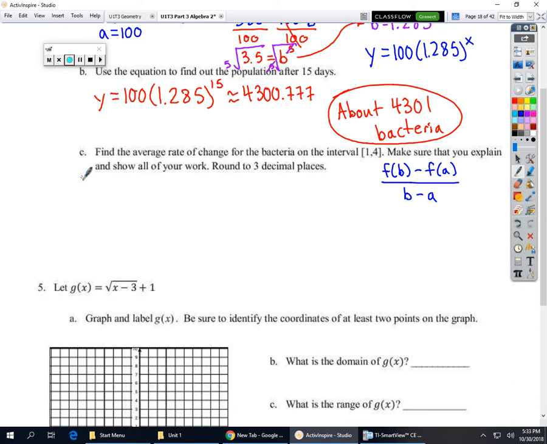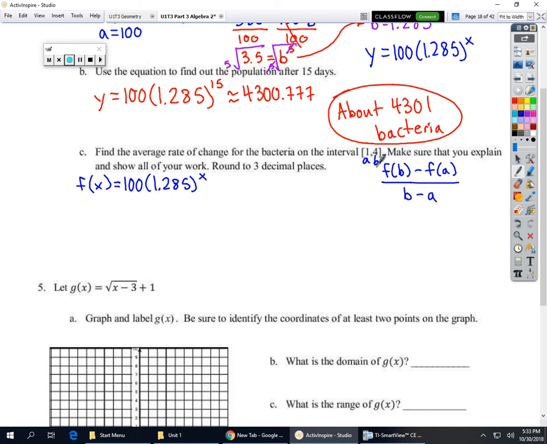So f of x equals 100, 1.285 to the x. I'm just putting f of x so it's a little bit more obvious what to do. Remember, 1 is your a value, 4 is your b value.